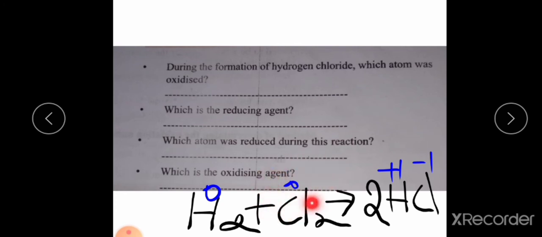So here the chlorine oxidation number decreased, 0 to -1. So which atom was reduced during this reaction? Yes, the answer is chlorine. Which is the oxidizing agent? We know reduction equals oxidizing agent. So the answer is chlorine only.